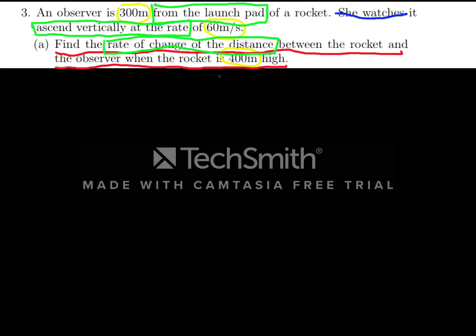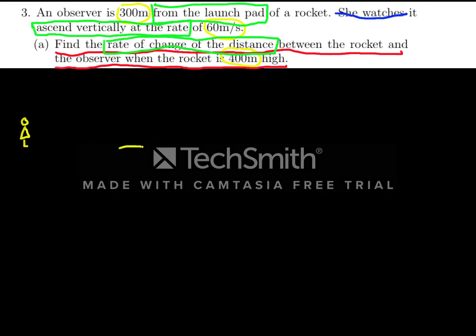Okay, so let's organize our thoughts about this problem. First off, we have an observer. So let's give ourselves an observer, my great stick figure. She's observing a rocket ascend from a launch pad.